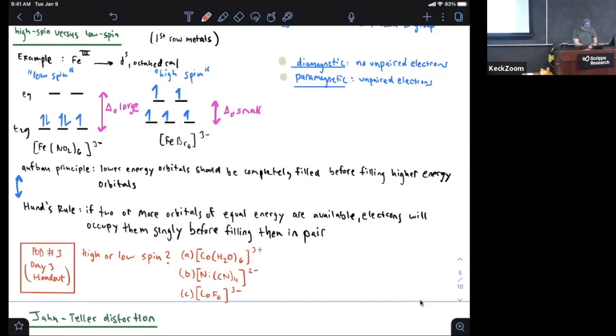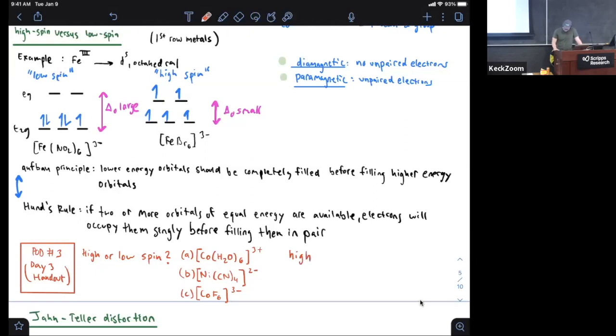Okay, so let's walk through this. Maybe we'll do this slightly out of order and discuss A and C first, and then B next, since A and C are both cobalt 3. Pranali, what do you think for A and C? I think A is... Okay, could you explain your reasoning?